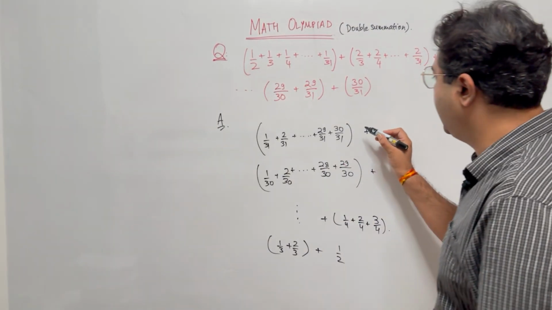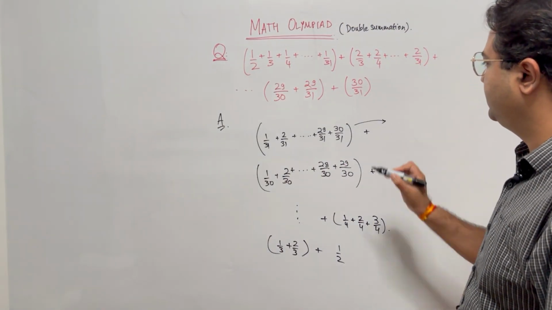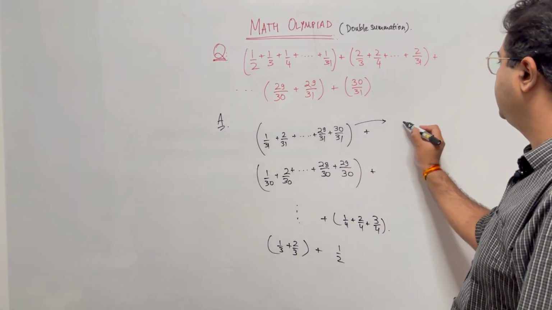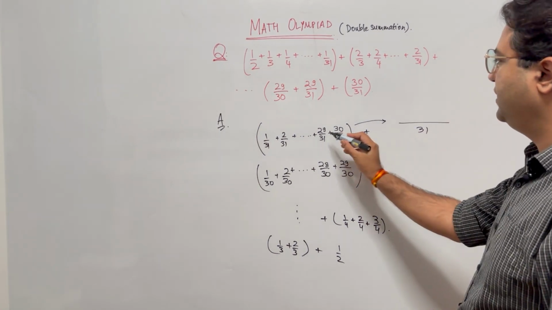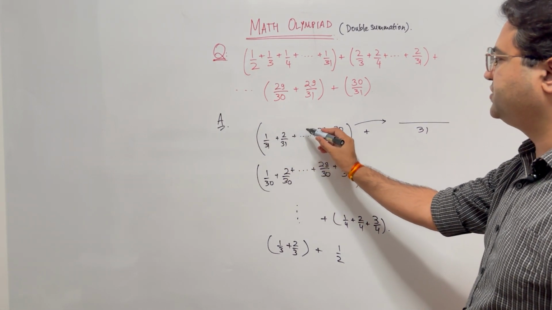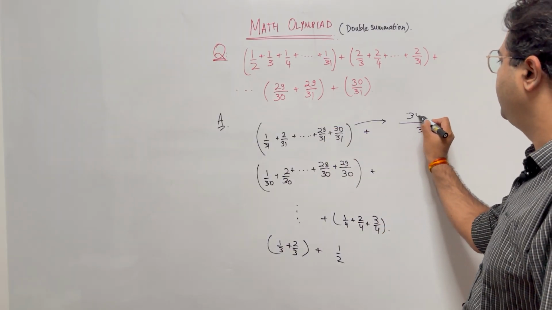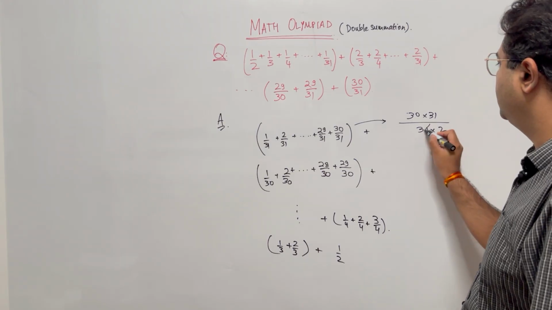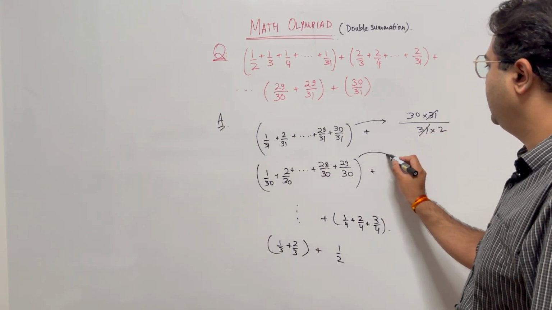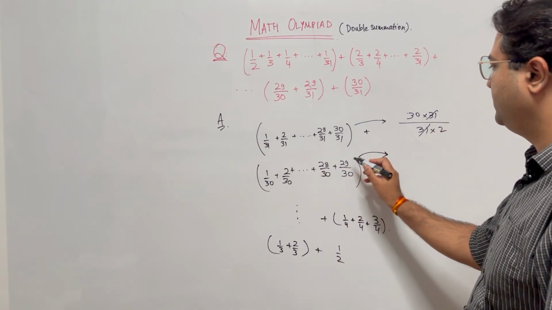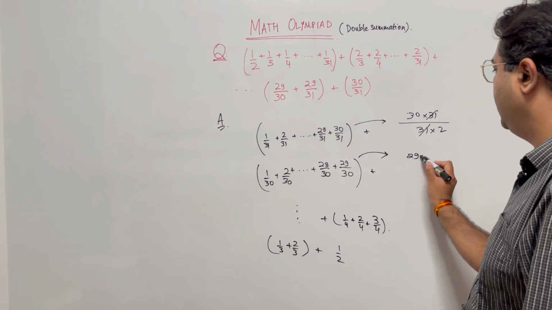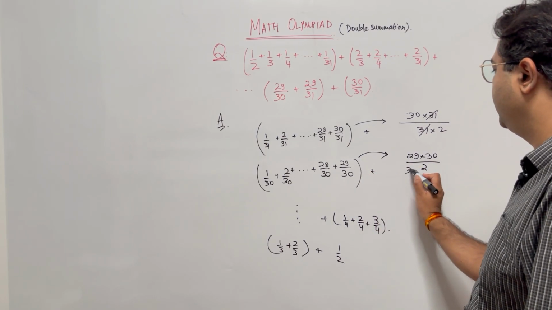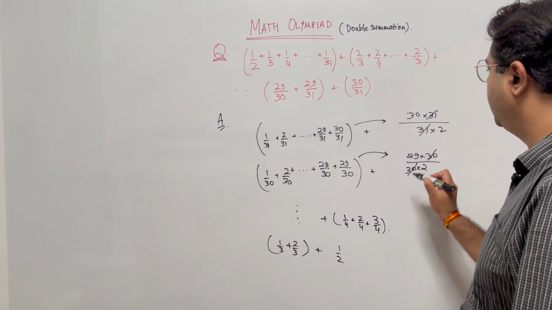What we have here is 31, and then 1 plus 2 plus 3 up to 30 will give us 30 into 31 by 2. So this will cancel out. Then we have 29 into 30 by 2, and then 30 is already there, so this will cancel out.